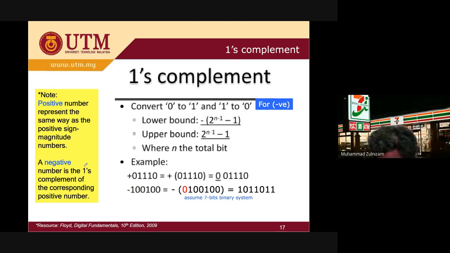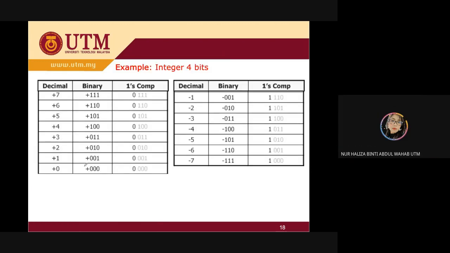Yes, Doctor. Okay, so you can see over here, this is a similar table as before, which is your sign magnitude, but we will have something slightly different because we use the first complement. Before this, we used sign and magnitude, isn't it?